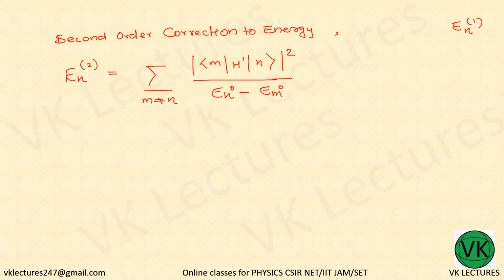So this is the second order correction to energy. M and n are different states. En naught is the unperturbed energy in the nth state, and Em naught is the unperturbed energy in the mth state.